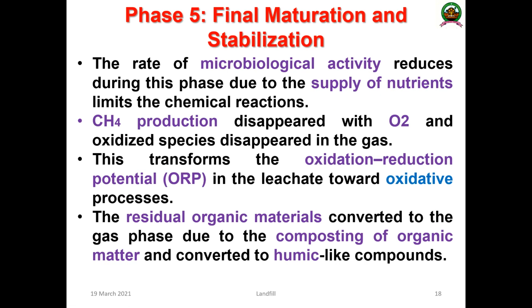The last step is the maturation and stabilization step, where the rate of microbiological activity reduces during this phase due to the limited supply of nutrients, which limits the chemical reaction.